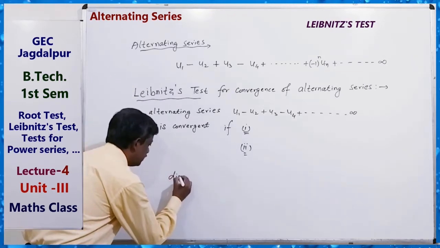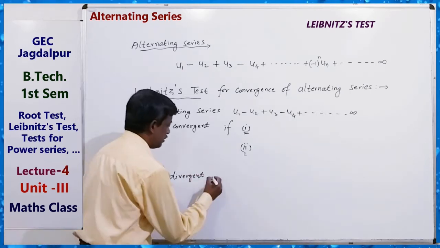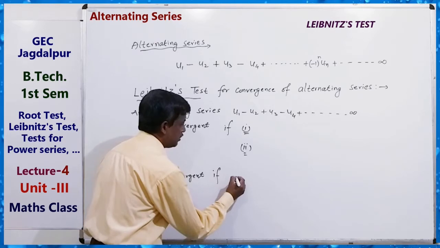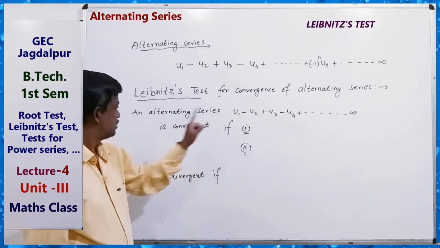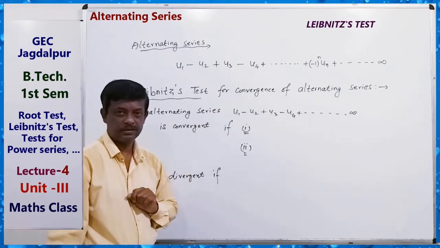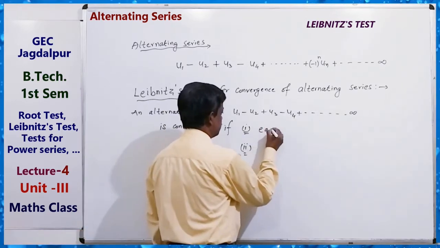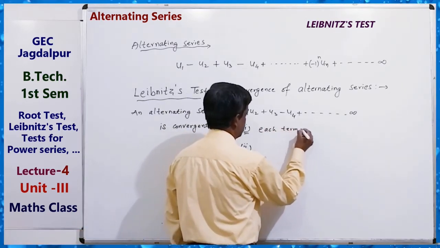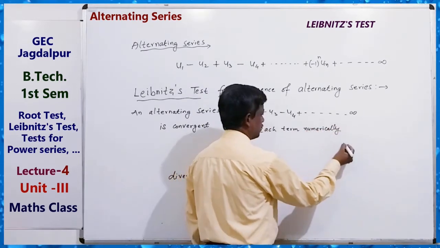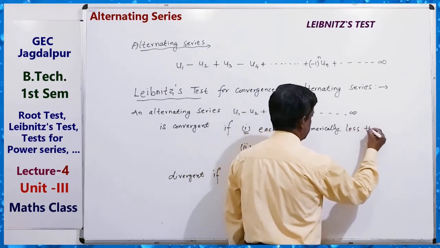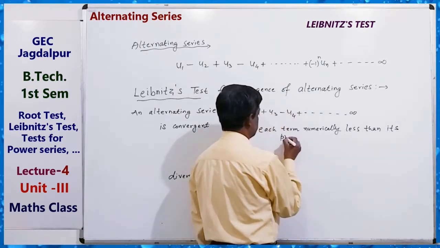The alternating series is convergent if, first condition, each term is numerically less than its preceding term.